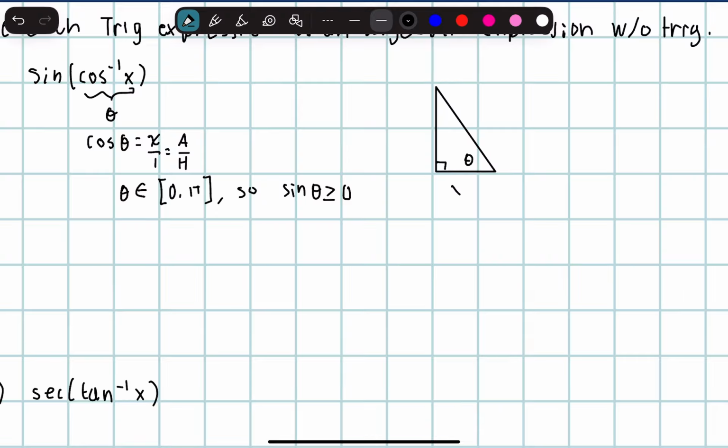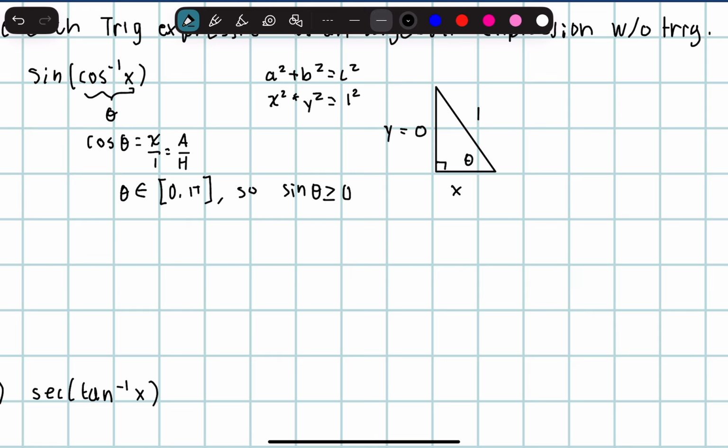So we have the opposite side. Remember we have the Pythagorean theorem: a squared plus b squared equals c squared, so x squared plus, we'll just call this y for now, y squared is going to be equal to 1 squared.